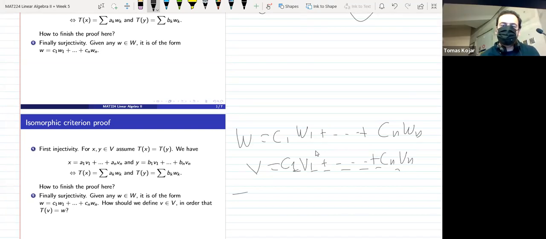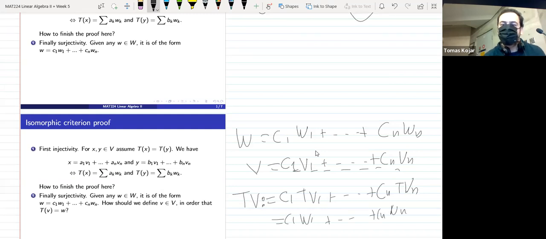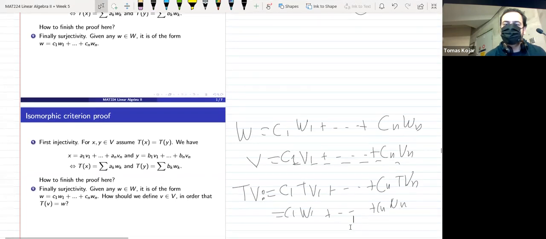Why is that? Because when you evaluate it, T is linear, right? We just proved that. So this will become, we defined it to be c1 T(v1) plus ... plus cn T(vn), which is equal to c1 w1 plus ... plus cn wn, which is what w is.